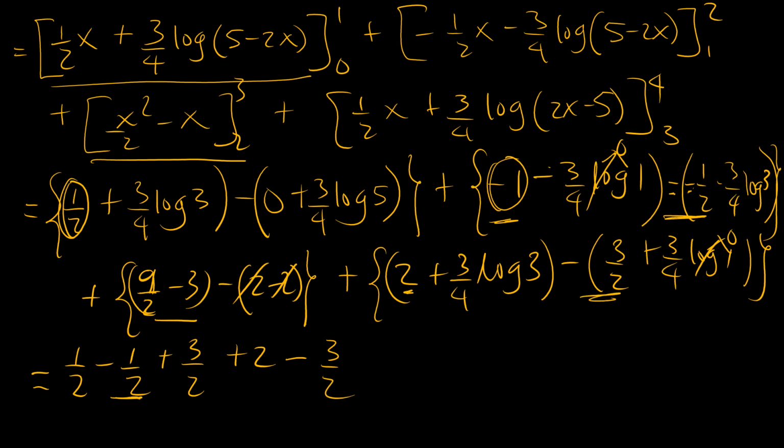So what do we see? This and that would cancel, this and that would cancel, so we're left with positive 2 there.